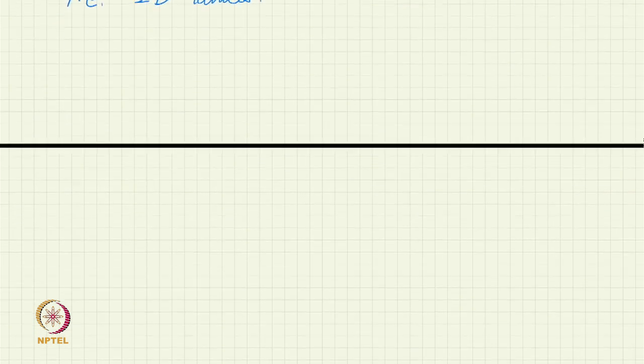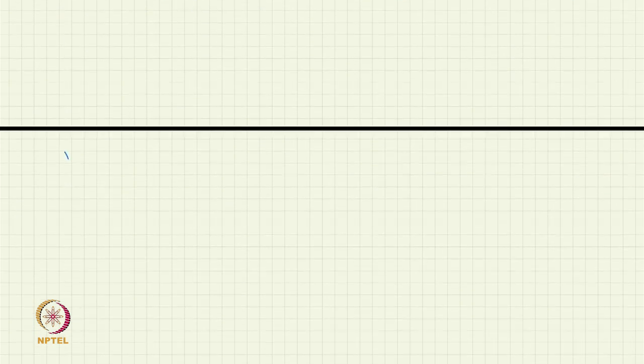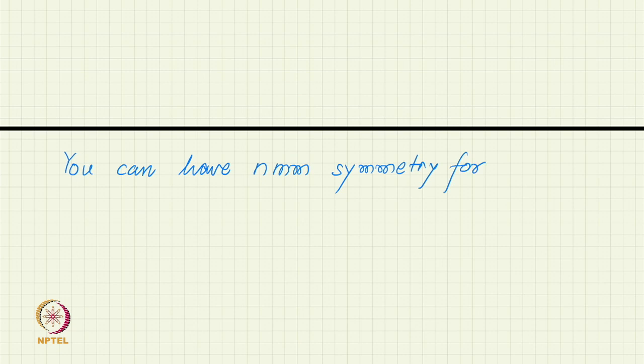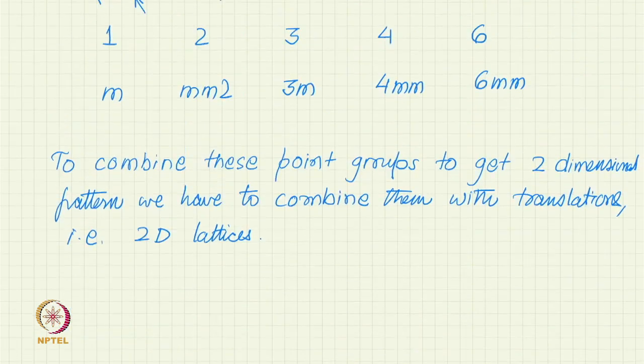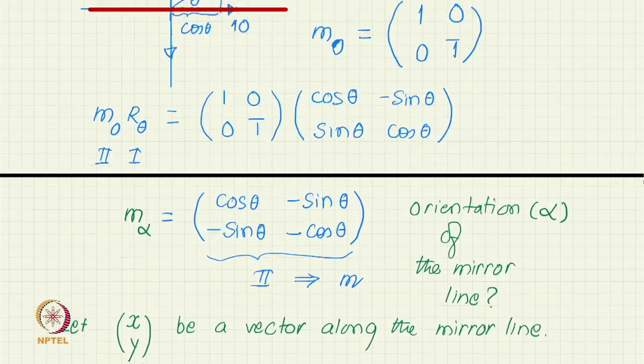So, as I was telling, you can have any n mm symmetry. For any arbitrary integer n, in our proof we were not fixing theta.